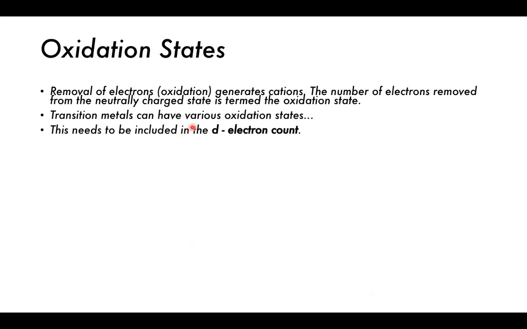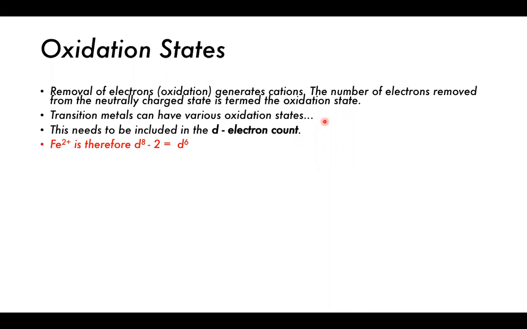The interesting thing about transition metals, those in the d and f blocks, is that they can have variable, various different oxidation states. They're not confined to one particular oxidation state because of ionization energies, and so this needs to be included in the d electron count. Typically, the ionization energies are pretty similar for several different oxidation states, which makes them quite accessible.